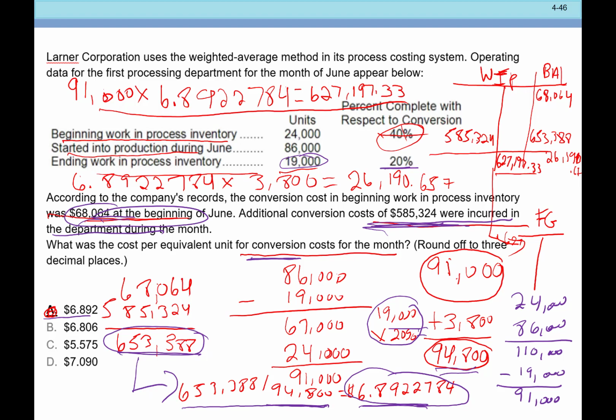That should give me total available of 653,388, which is how high the balance got. And then I transferred out. And I transferred out 91,000 units, didn't I?